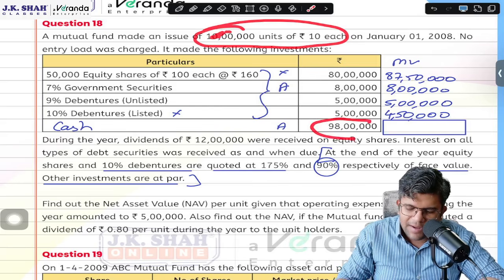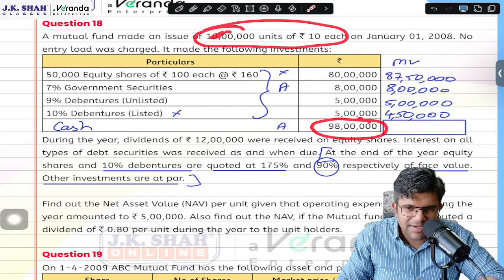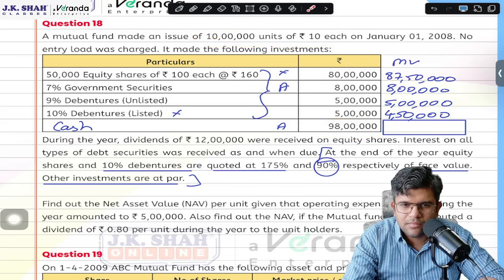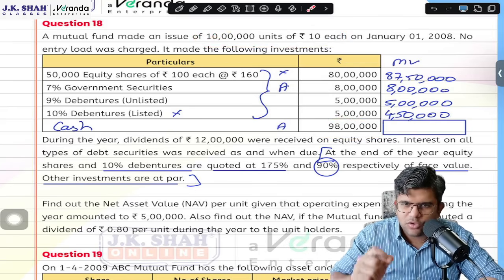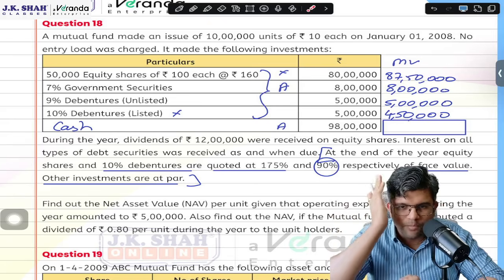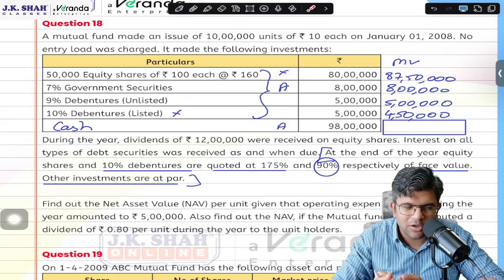Now type 98 lakh and press M minus. Why M minus? Because do you realize that 98 lakh, can I say, went into all of these assets, no? So mentally, can I say, you know that your cash right now is 2 lakh rupees. Give me a Y.